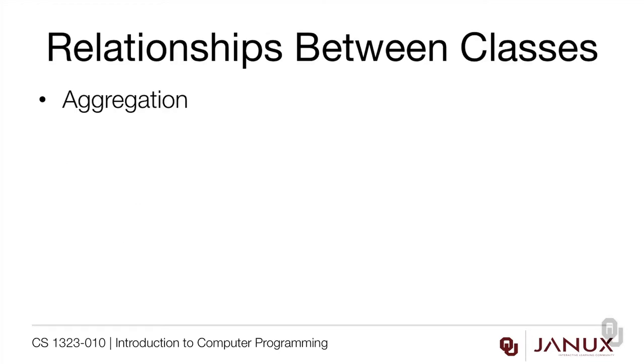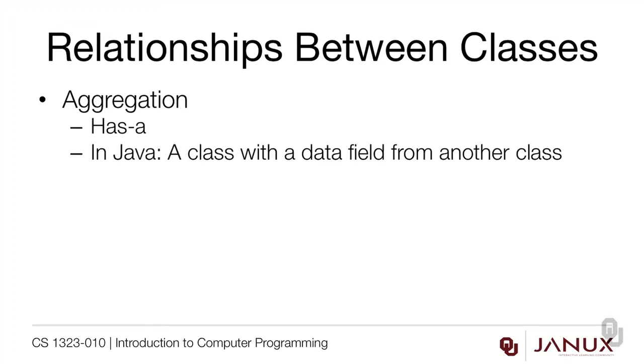The next thing we need to think about is how the relationships are going to be between classes. There are two relationships we have at this time. One is called aggregation. The sort of nickname for aggregation is has or has-a. And so that's a good way to remember that when you can say A has a B, that probably means that A and B are related by an aggregation relationship.